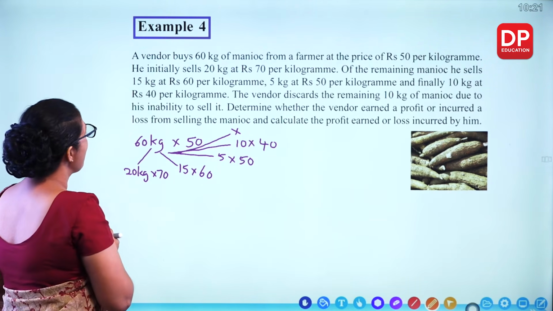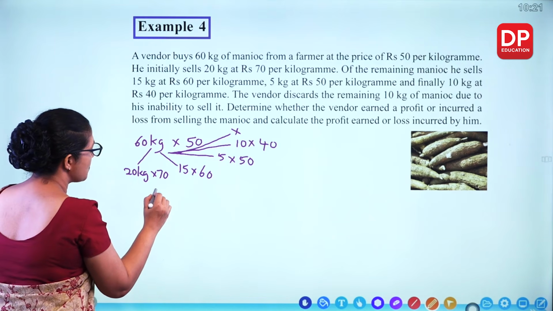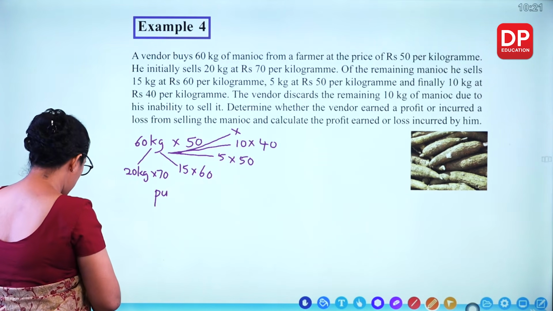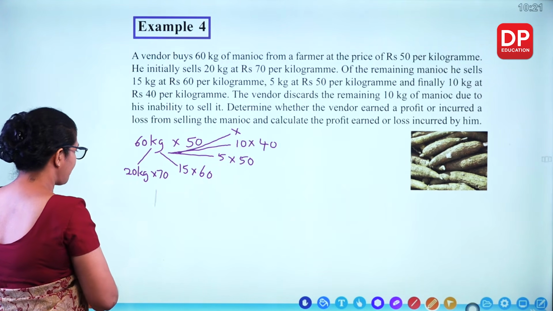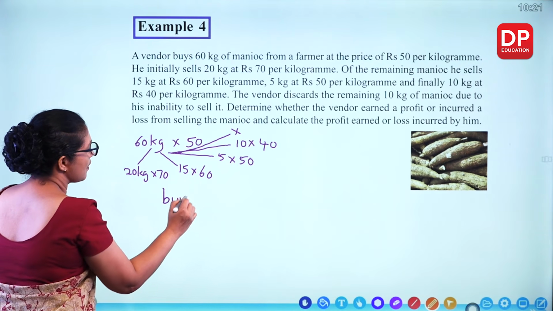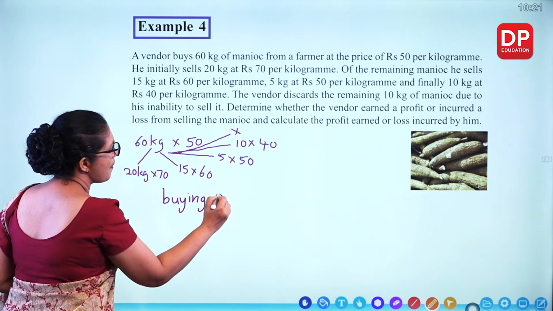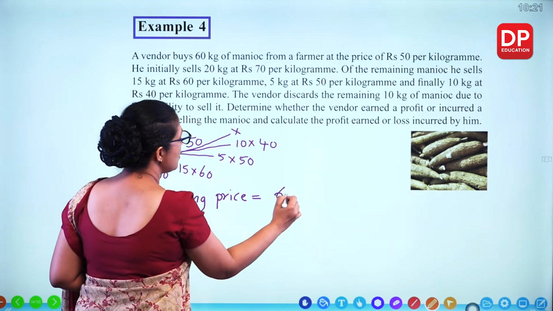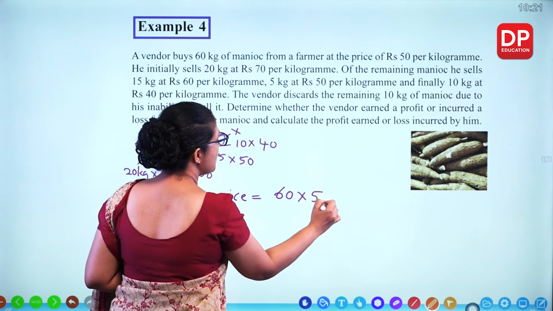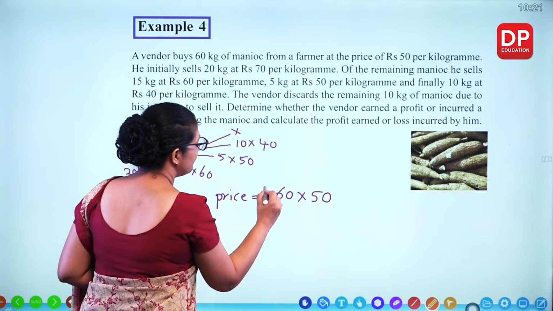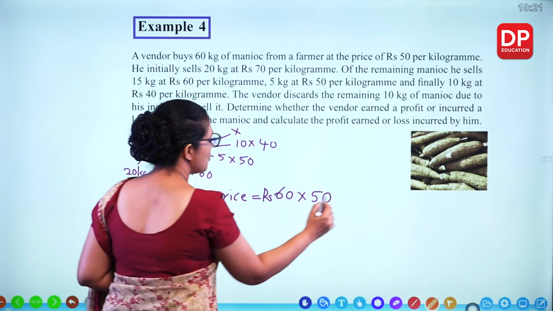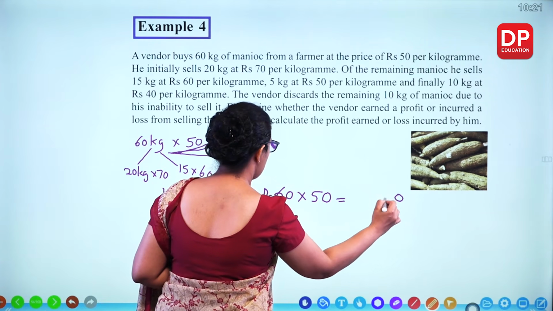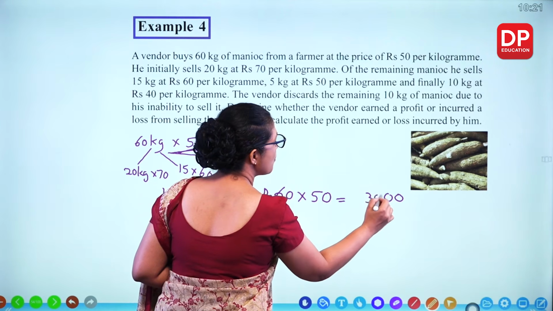So what's the purchase price or buying price? Buying price is 60 kilos for 50 per kilo. So you get 3,000 rupees.